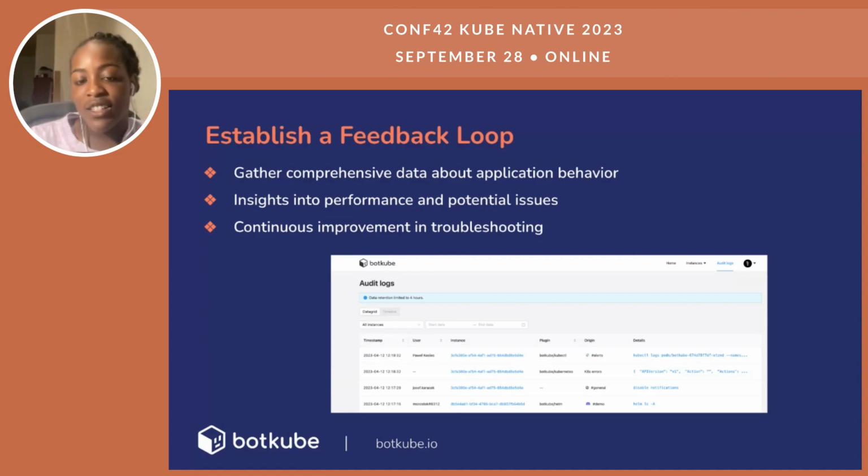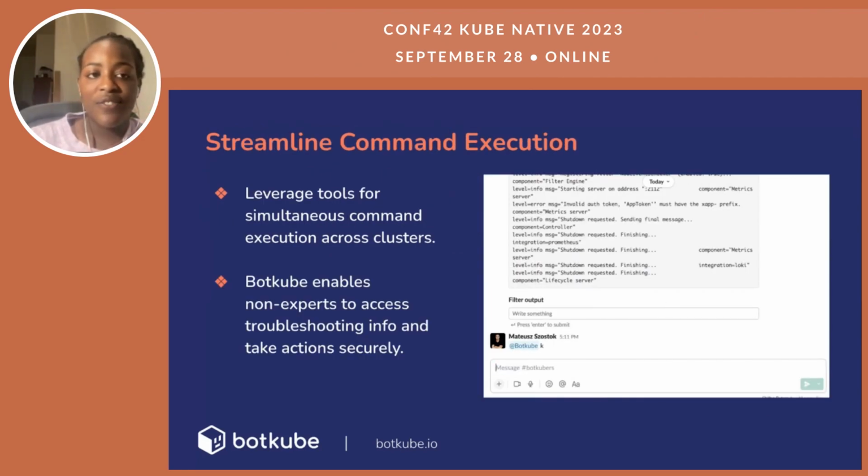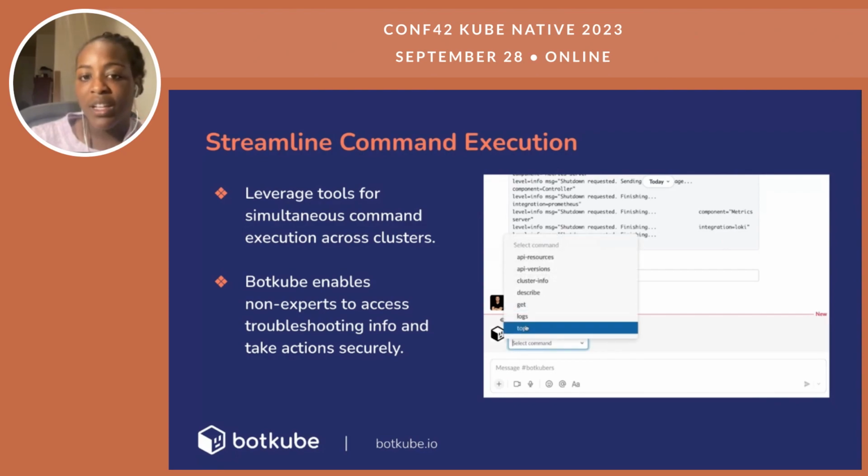As an industrial engineer, I believe in continuous improvement, and you can't have continuous improvement without data to back it up. So this audit log is your source of truth to be able to make changes to improve your system.